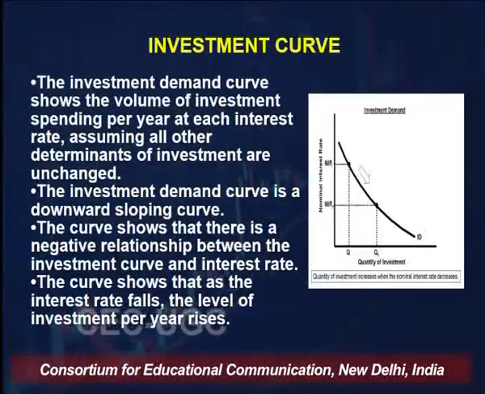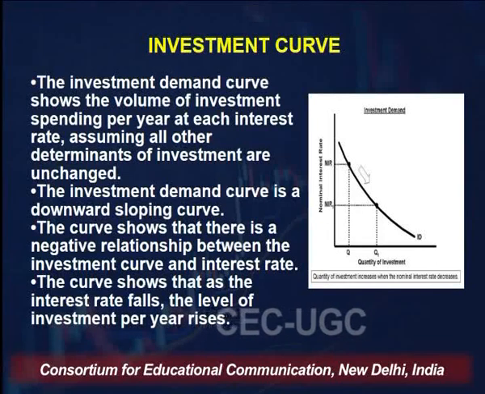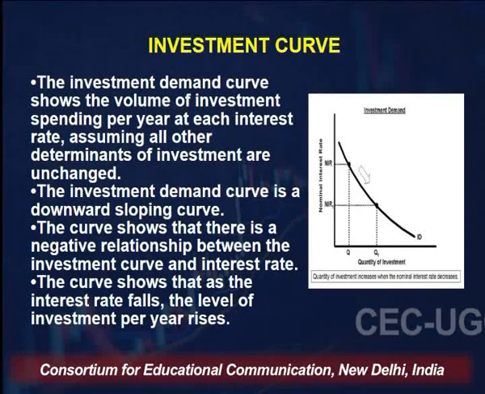The present value of the total future return that we are going to get out of this 50 lakh rupees should be more than the supply price, that means more than the 50 lakh rupees which we are investing today. Then only is it worth investing, otherwise no. So the investment demand curve shows the volume of investment spending per year at each rate of interest.